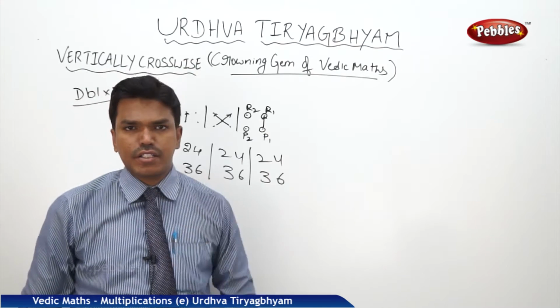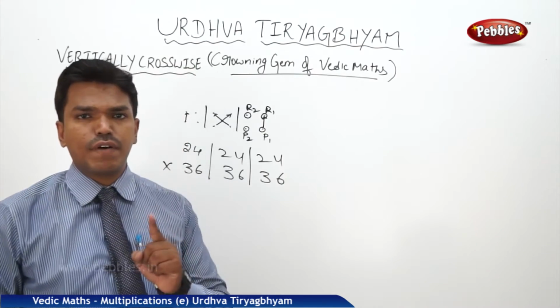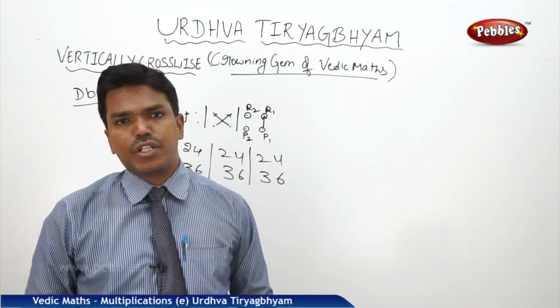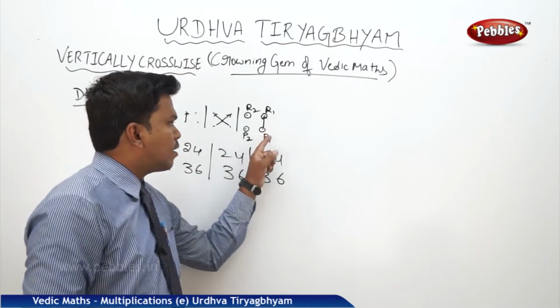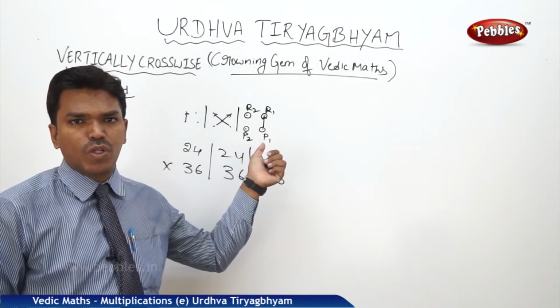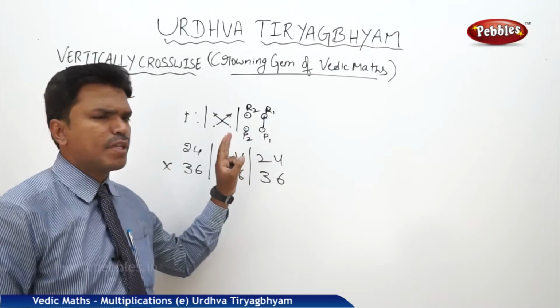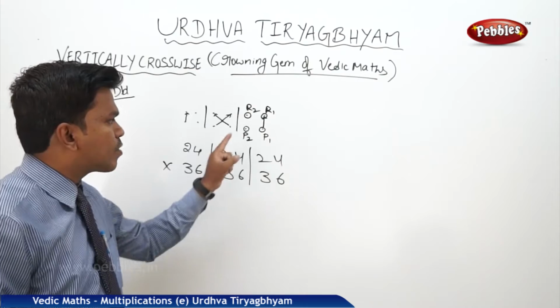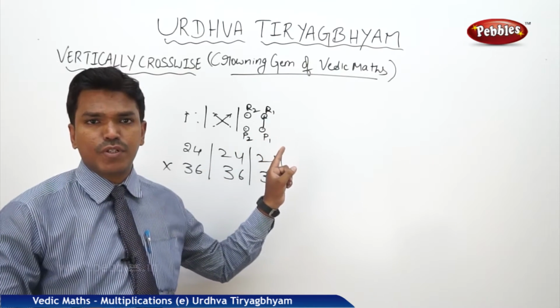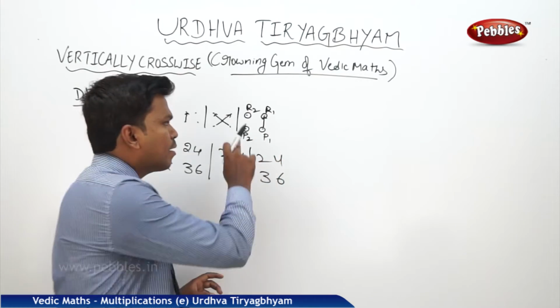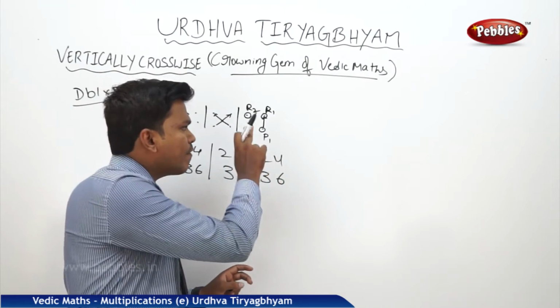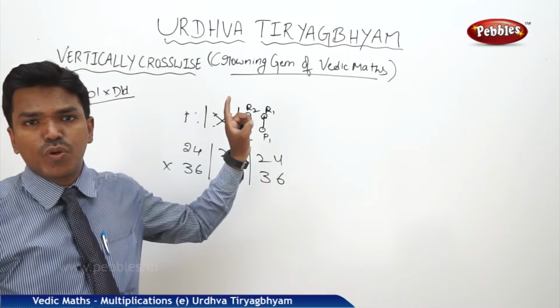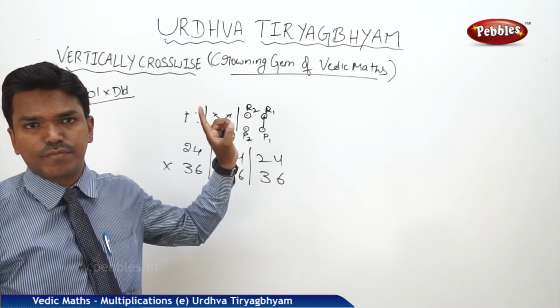Now we have 3 conditions. What are the 3 conditions? First condition: the persons who are below, whatever the number of persons, it is irrespective. Every person has to reach room 2, that is the last one.